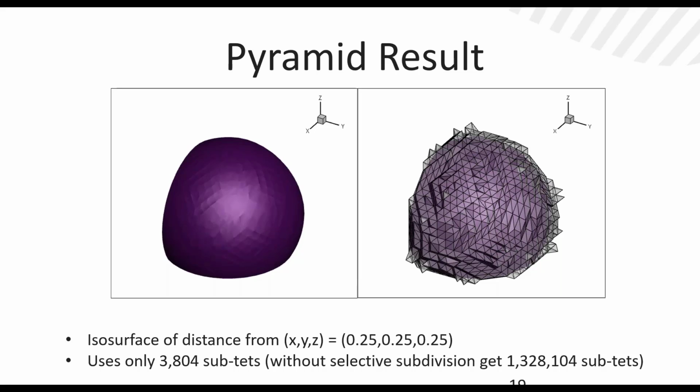It's the same isosurface. In this case, we use only 3,800 subtets, whereas if we had not used selective subdivision, it'd be 1.3 million subtets. So again, a 2 orders of magnitude reduction in the number of subtets and memory usage, and corresponding improvement in performance.